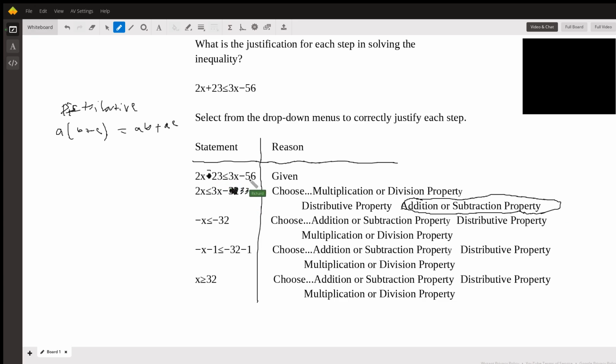So when you add 23, you're supposed to get negative 33 here on the right. And the next step, the 3x is being subtracted. You subtract 3x from both sides, and you do get negative x on the left-hand side. Let me continue with the negative 33 here.